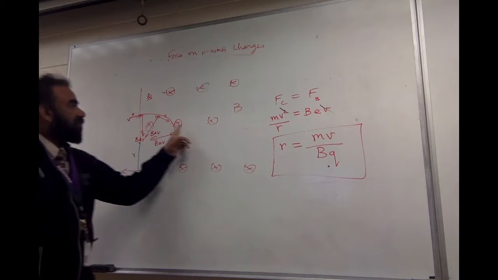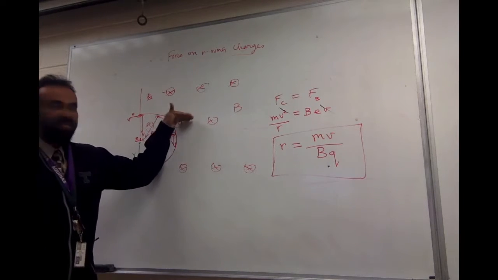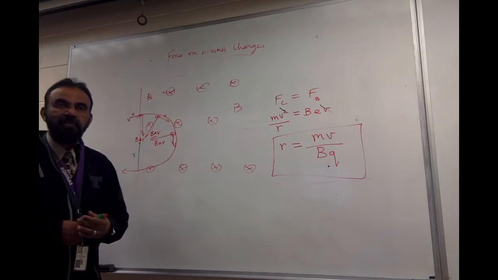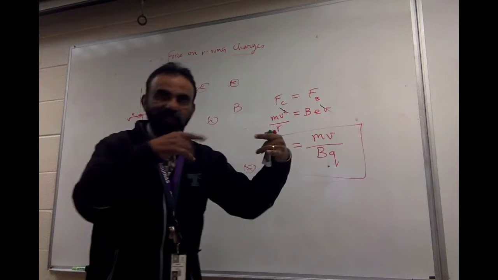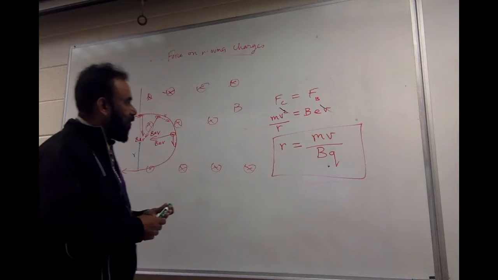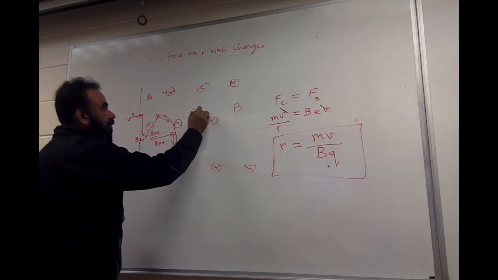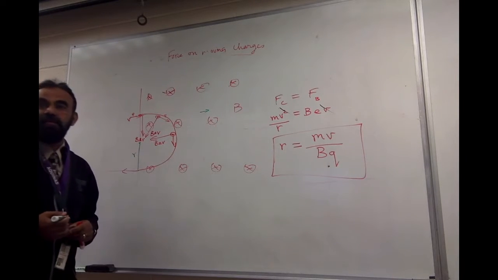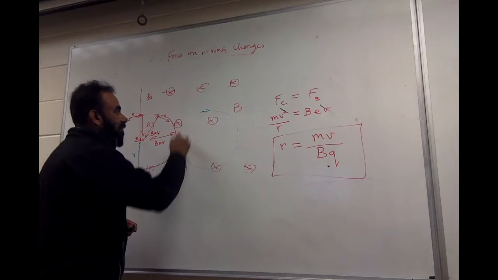Now if I take this electron and shoot it from inside the magnetic field itself, like I take it to the field and then shoot it, then what will happen? If I shoot an electron that way, it just keeps going in circles.